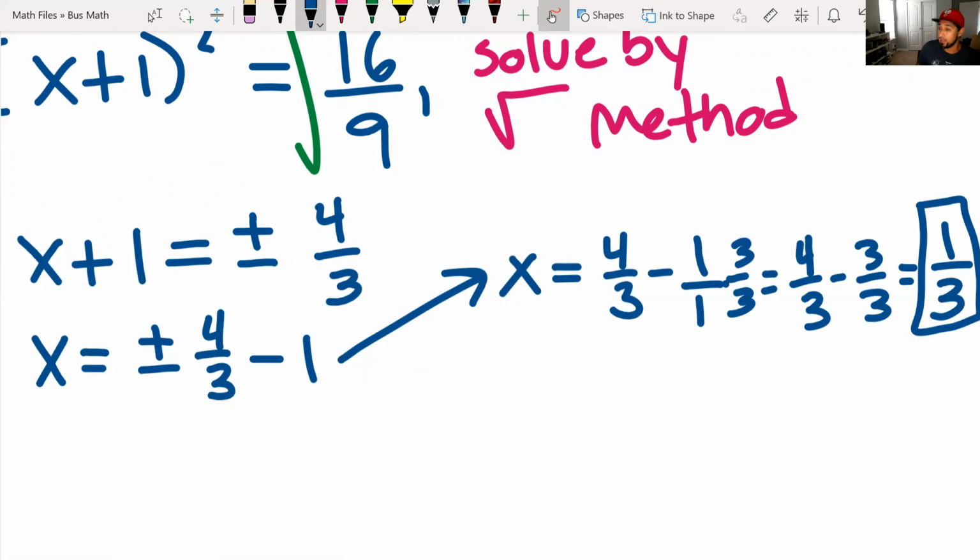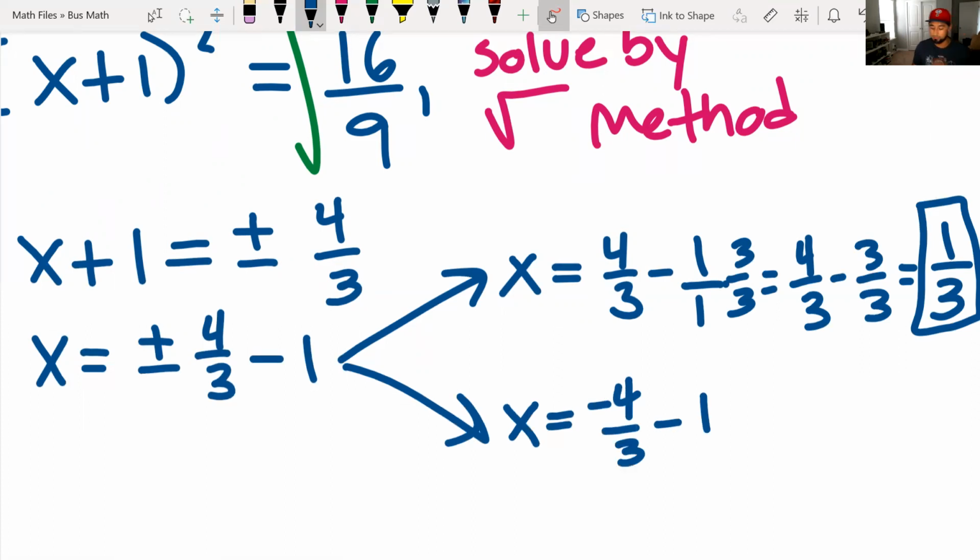And then go the minus route. X is negative 4/3 minus 1. Same thing from above. We know that 1 can change into 3/3 if we multiply by the common denominator.